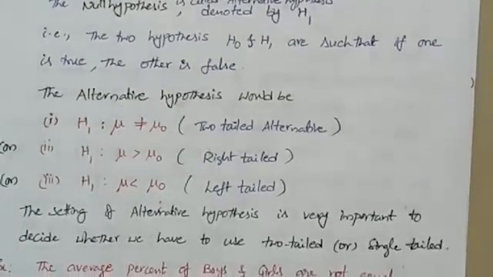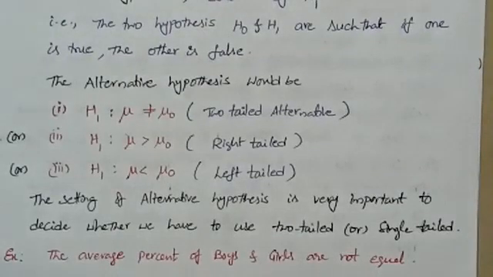Next, setting of the alternative hypothesis is very important to decide whether we have to use a two-tail test or a single-tail test. Whenever the test starts, the first is the null hypothesis and the second is the alternative hypothesis, and we have to set up this alternative hypothesis based on whether the test is two-tailed or single-tailed.